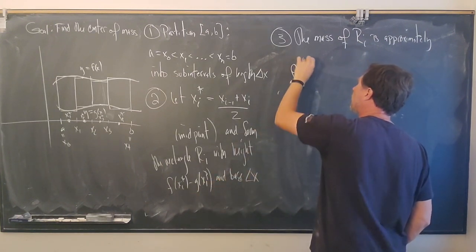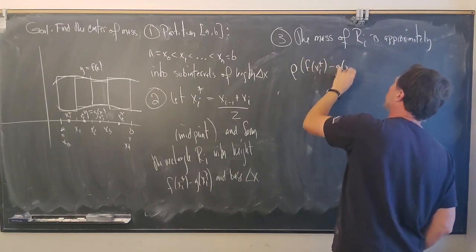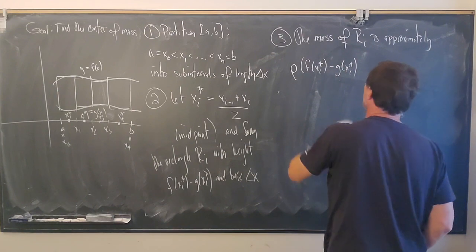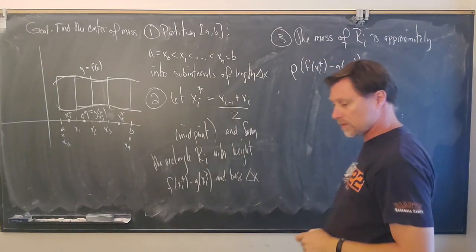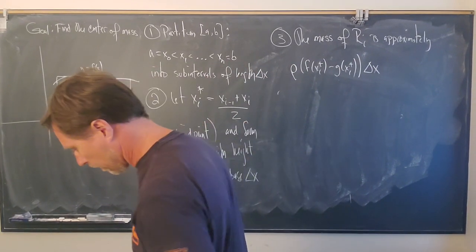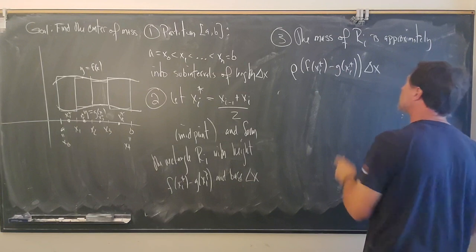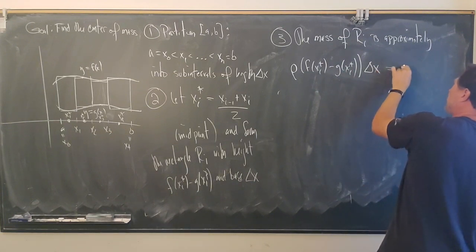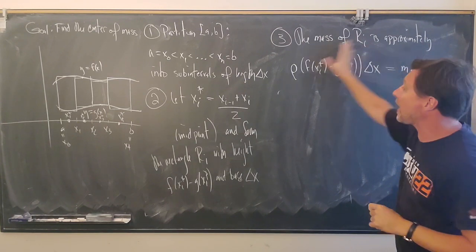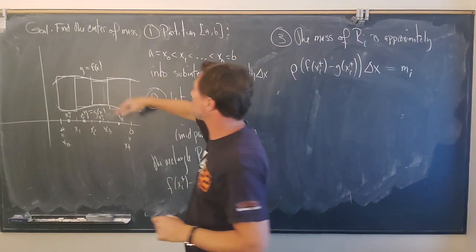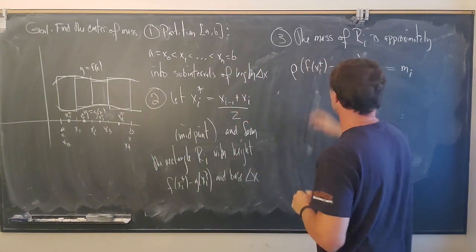So that'll be f of xi star minus g of xi star times delta x. Let's call that little m sub i. All right, so the mass within this rectangle is approximately given by this formula right here.